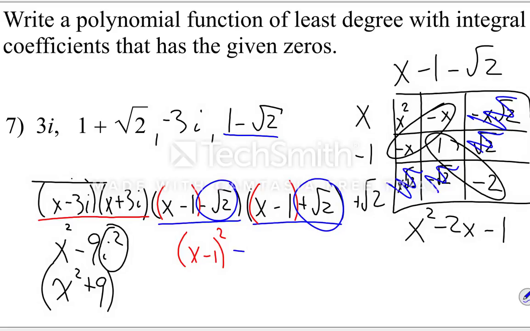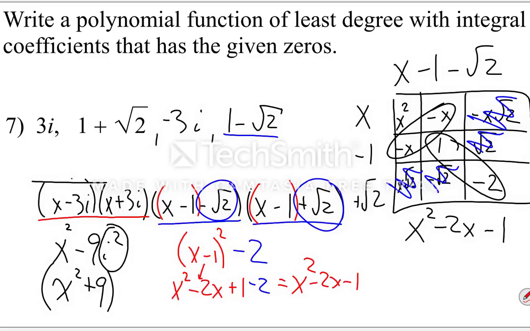When I do that, I get negative 2. Okay? So then I multiply x minus 1 squared. This is actually x squared minus 2x plus 1. And then I put down the negative 2 that I didn't touch. And then when I actually combine those, I get x squared minus 2x minus 1.